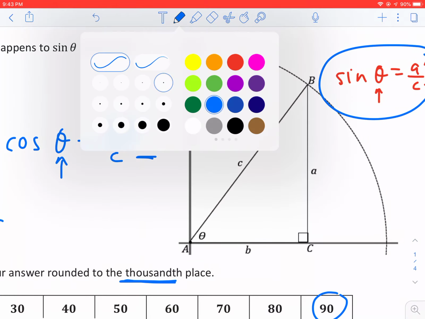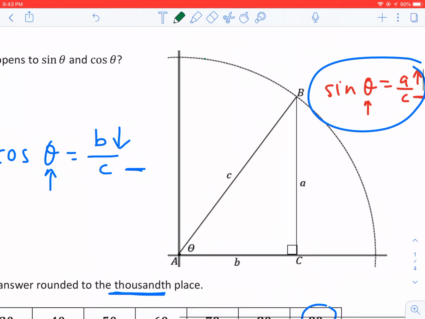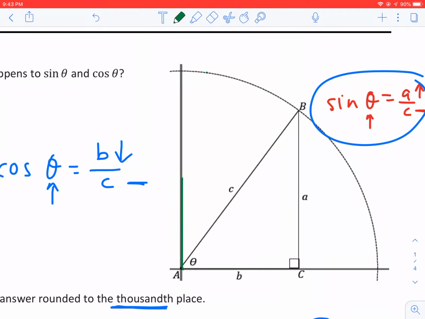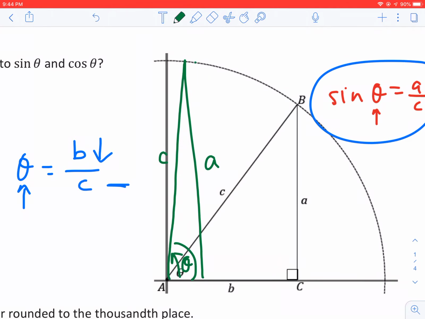So at 0 degrees, we were a horizontal line. But at 90 degrees, we're going to be pretty much a vertical line. So let me just draw something very close to vertical, like that. So if this is our angle theta down here, opposite will be A, and the hypotenuse is C. Do you see how A is getting closer and closer to the value of C?